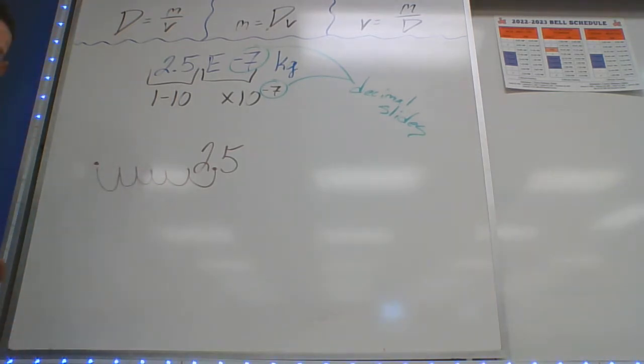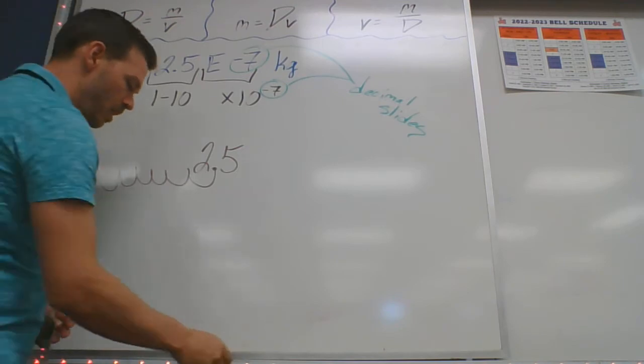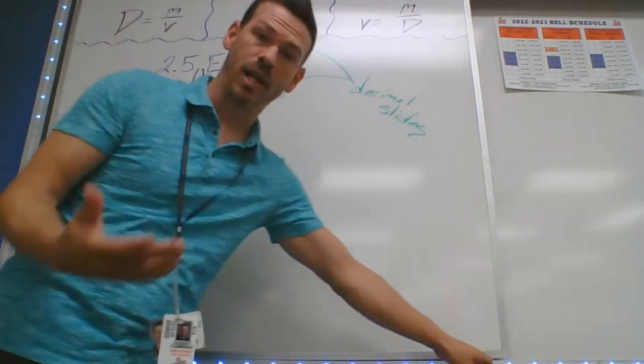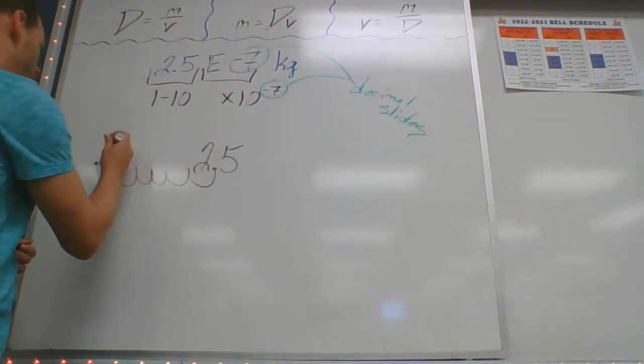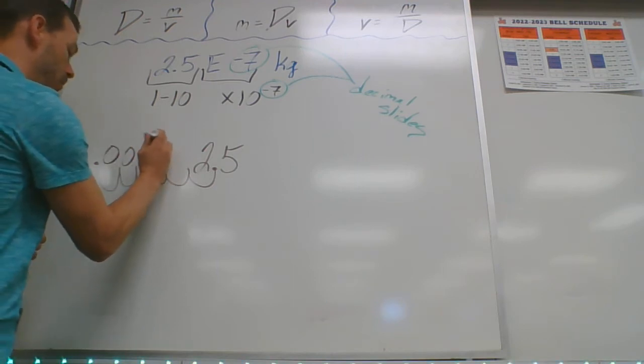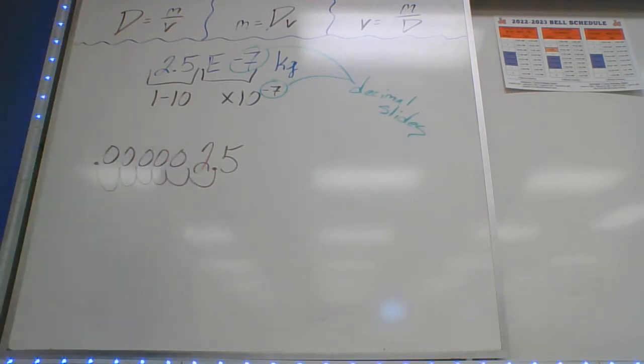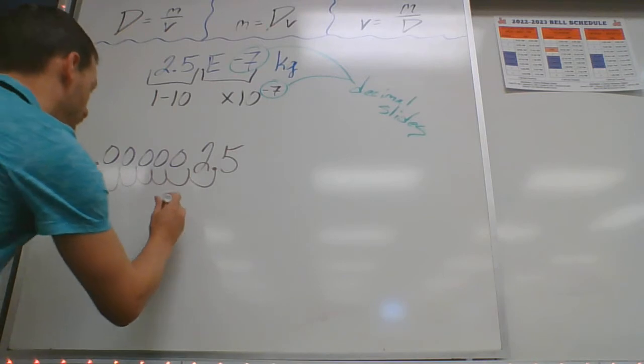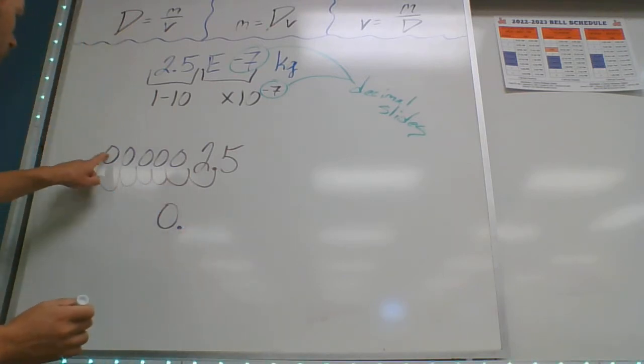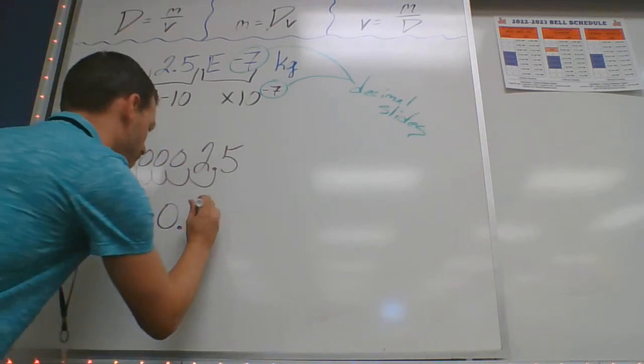There's my decimal now. Each of these spots I've created would have a 0 placeholder to show the real size of the number. So therefore the resulting number here would be 0.000025.